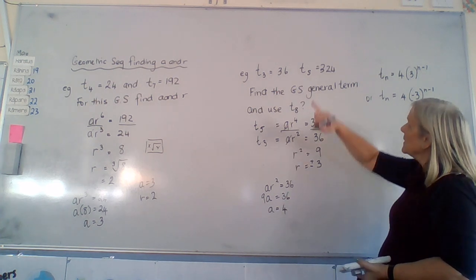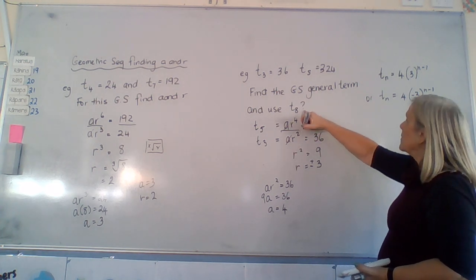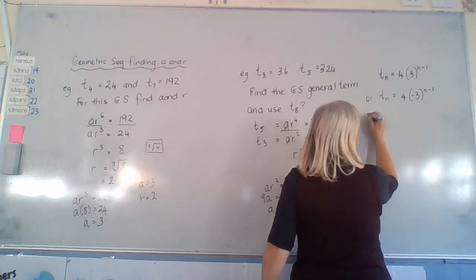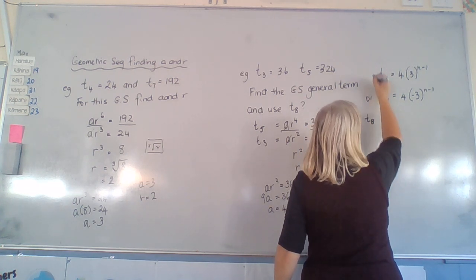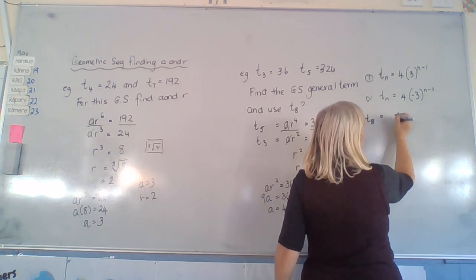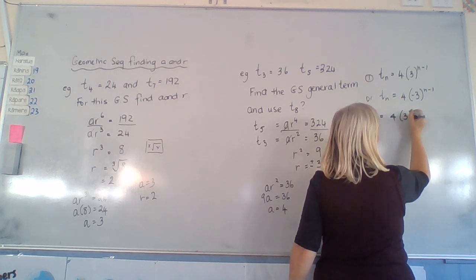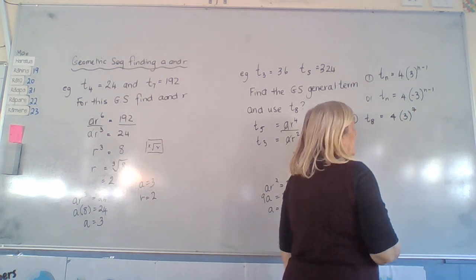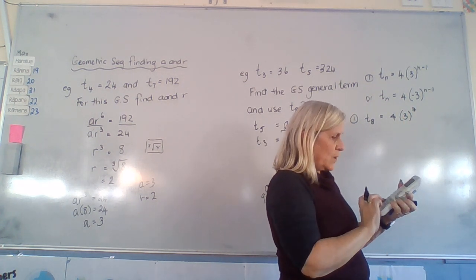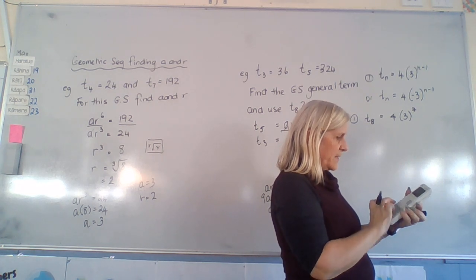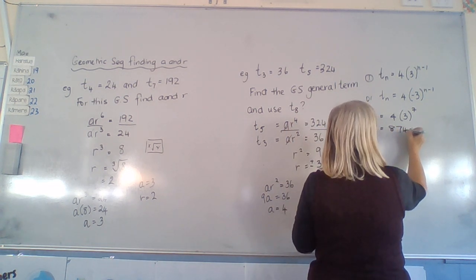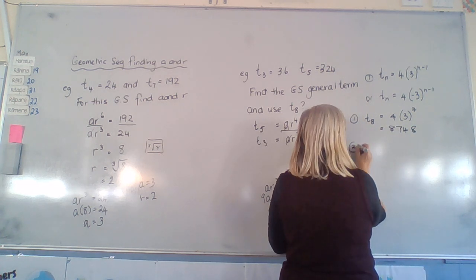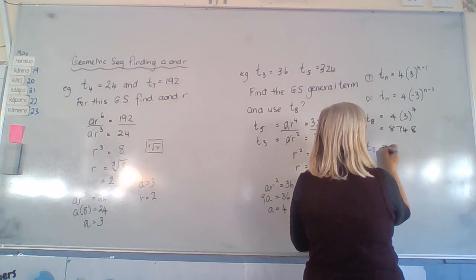So if we're finding the 8th term, T of 8, using the first formula, it is 4 times 3 to the power of 7. Put it in your calculator. 4 times 3 to the power of 7 equals 8748. For number 2, T of 8 is going to be different. Why?